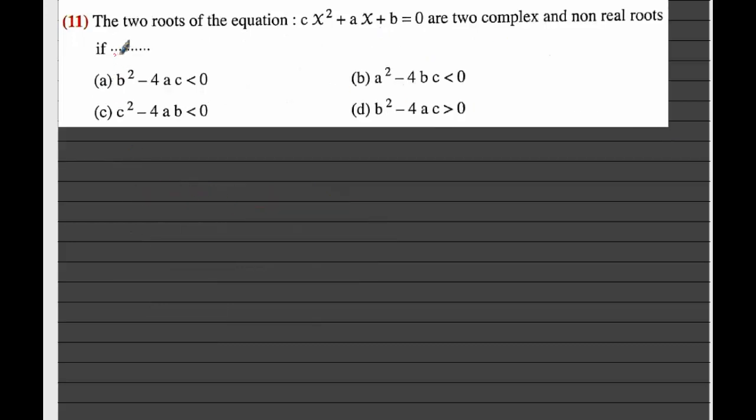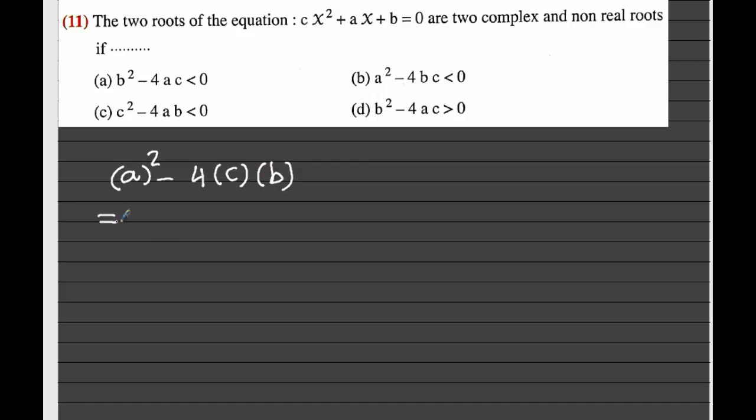Next question. The two roots of the equation cx square plus ax plus b equals 0 are two complex and non-real roots if one of these conditions. So the discriminant equals the coefficient of x here is a, so we have a square minus 4 coefficient of x square is c multiply absolute term. The absolute term here equals b.